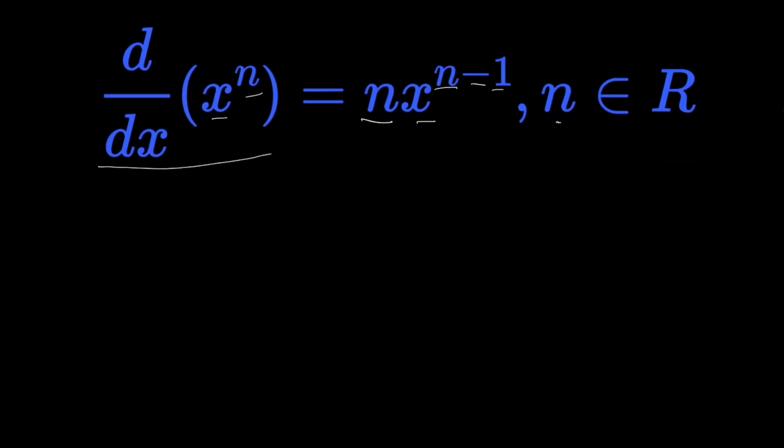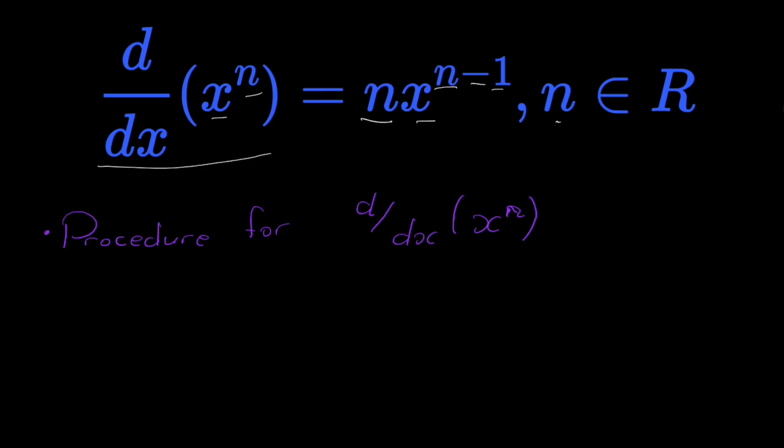So I'm going to summarize all of this into 3 micro procedures that you need to follow. I'm going to write it down. Procedure for d/dx of x to the power n. What's the first procedure you need to follow?